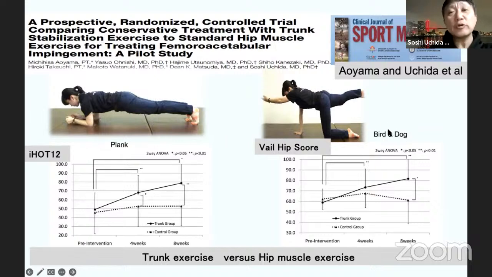But the other group, the hip muscle exercise group, only did abductor, adductor and flexor exercises. And we found that iHOT and mHHS scores significantly improved in the trunk exercise group compared to the control group.